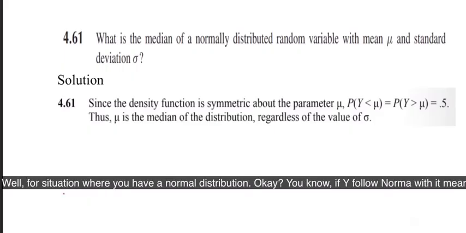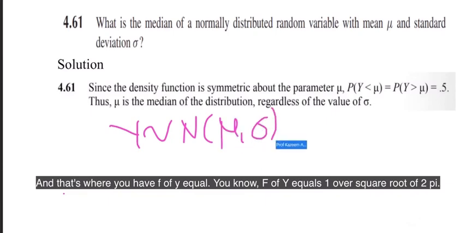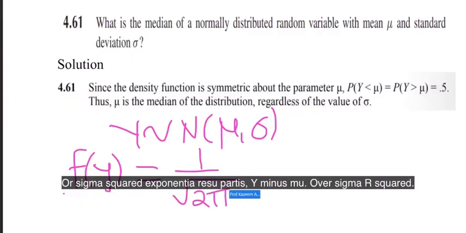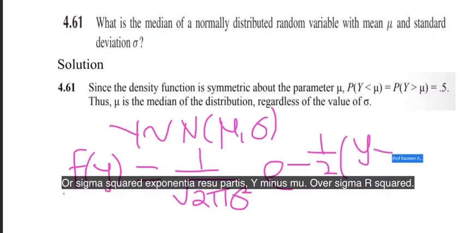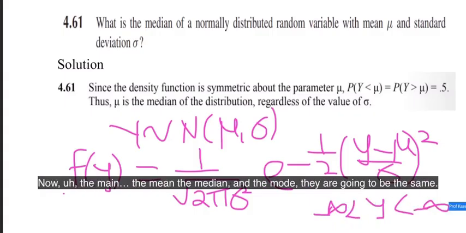For a normal distribution, if y follows a normal with the mean mu, you have f of y equal to 1 over the square root of 2 pi sigma squared, times the exponential raised to the power of negative y minus mu over sigma, squared, where y takes a value from negative infinity to infinity. Now, the median and the mode are going to be the same.